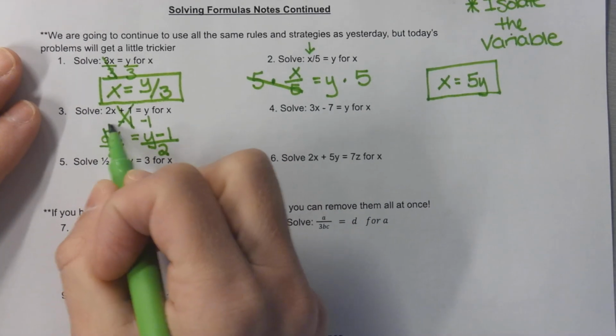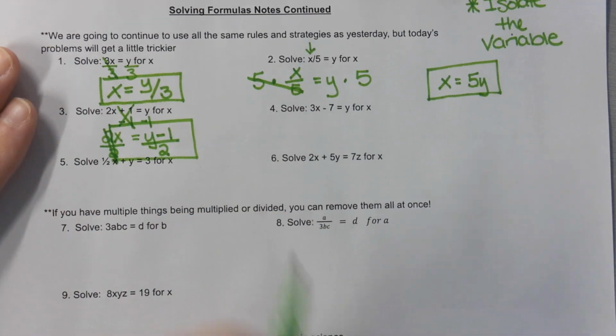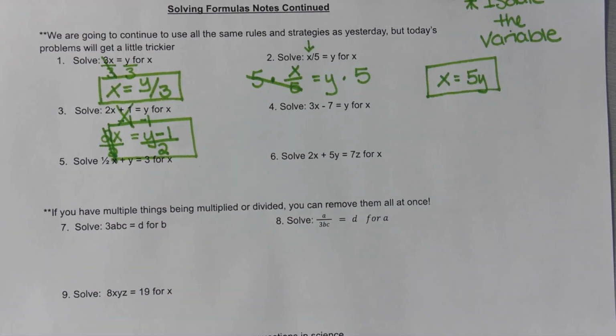And if you want to box it in, kind of avoid the stuff that you canceled out, I'm okay with that. So x equals y minus 1 over 2. So again, gone are the days that we got stuff like y equals 10, right? Those were the good old days. And now we're getting formulas and things that have more stuff in them.